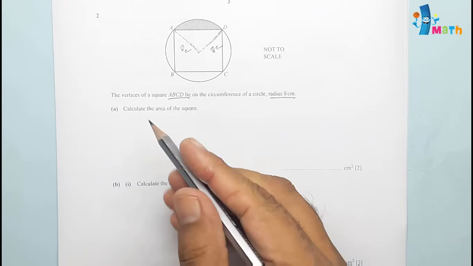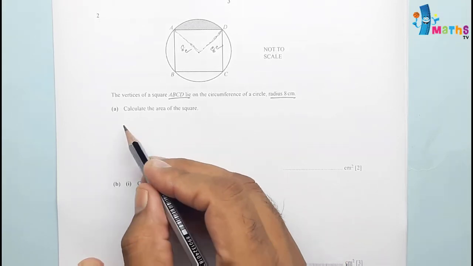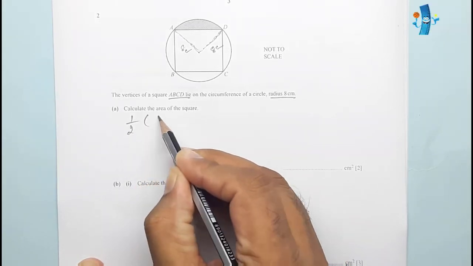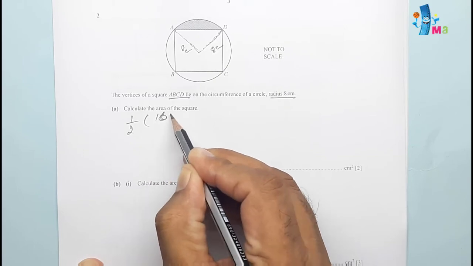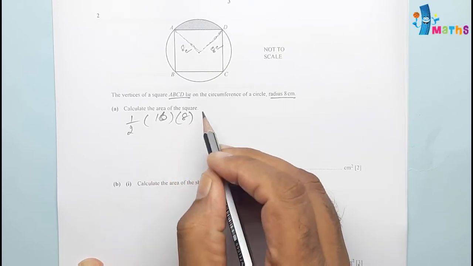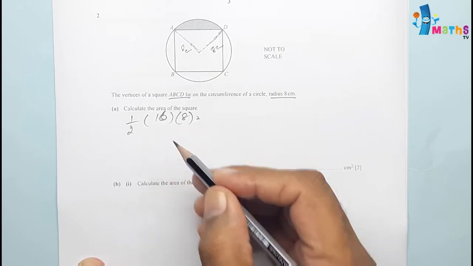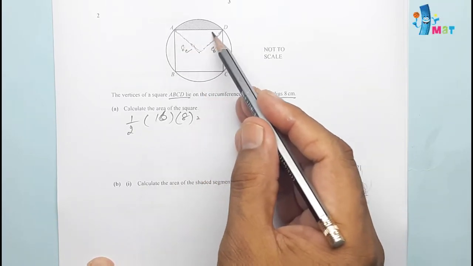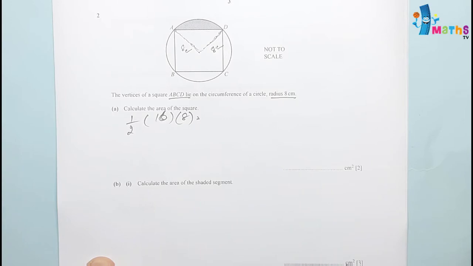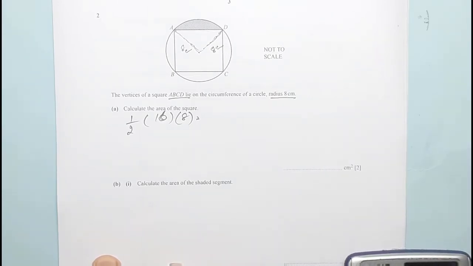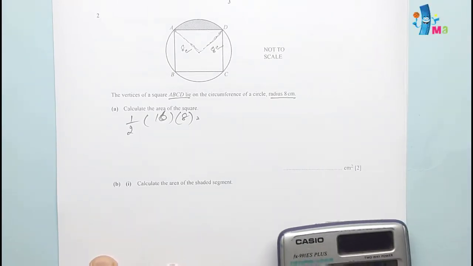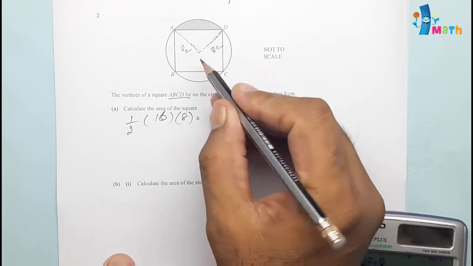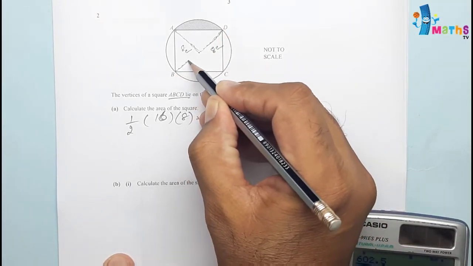For the area of the square, we can calculate half of the square, basically, like this.